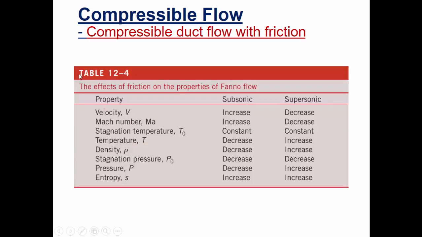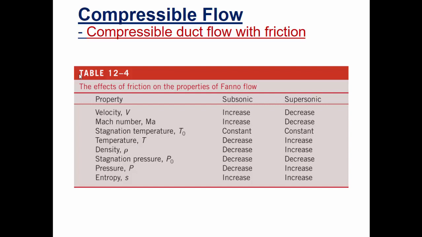Okay, and this table is available in your book, the Cengel book, which is the comparison between the increase and decrease of properties of the flow, the difference between the subsonic and supersonic flow.